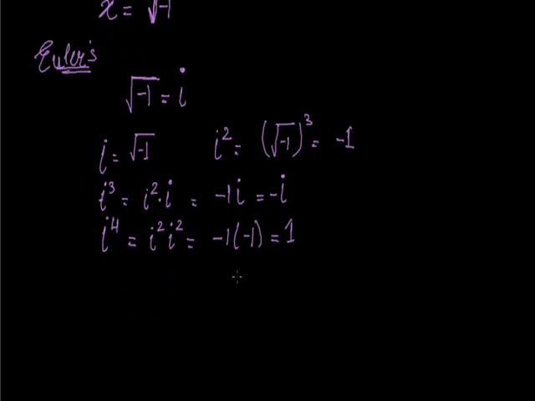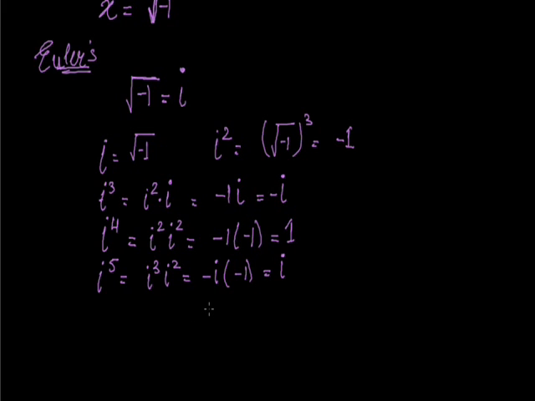So in this way we can get any value of iota. If we want iota 5, then it will be equal to iota cube into iota square, and iota cube is minus iota, iota square is minus 1, so it becomes iota only. In this way we can find any value.